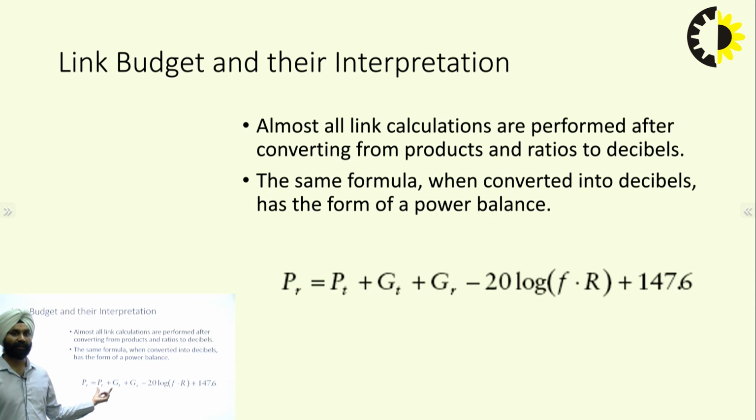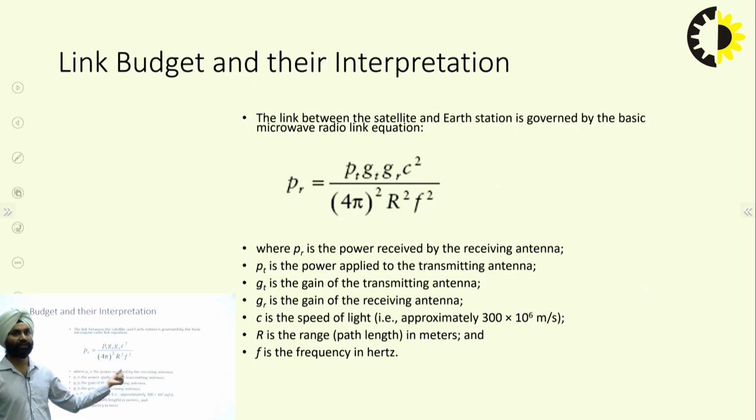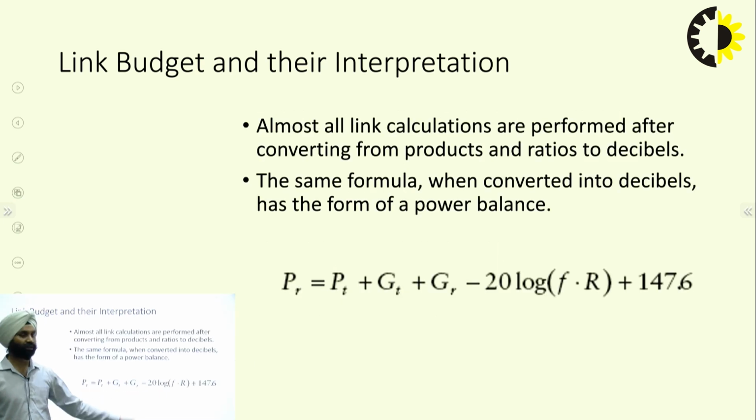So the multiplication of PT, GT and GR is converted into addition, as they have been converted into dB. So all these have units of dB, whereas in the previous case all these had units like meters per second or meters, etc.